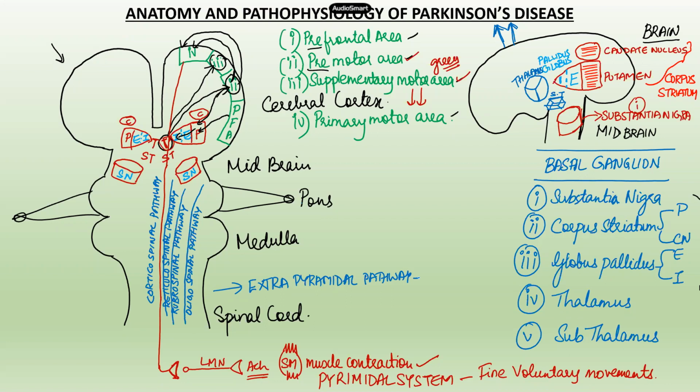Before we go into the functions of these, let me first point out that the thalamus, since it gives out impulses back to the prefrontal area and the premotor area, also controls these extrapyramidal tracts. They are under the control of the thalamus, right? So that is one point that you need to remember. Now, the other point that you have to remember is that the extrapyramidal system is required for maintaining the tone of your muscles, right?